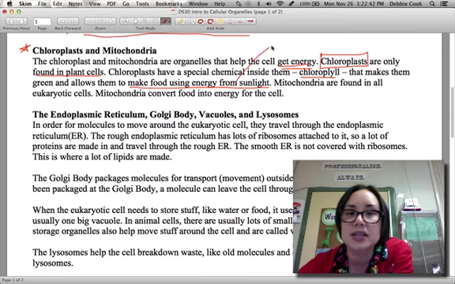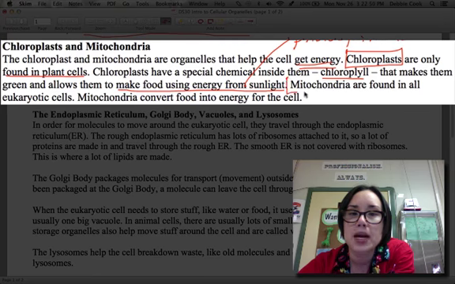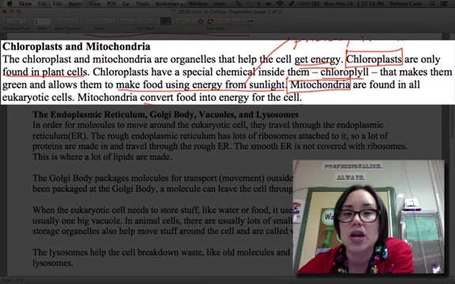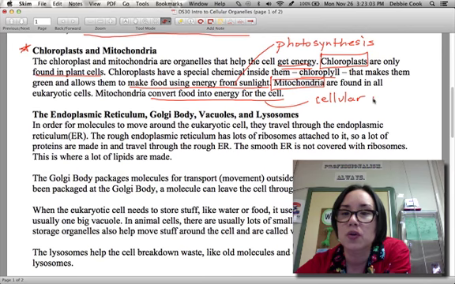This process is called photosynthesis. Go ahead and add that to your reading. Mitochondria are found in all eukaryotic cells. Mitochondria convert food into energy for the cell in a process called cellular respiration.